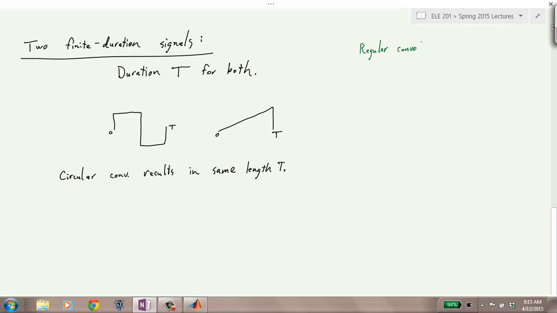Now, for regular convolution, we have to interpret that these finite duration signals are 0 everywhere else. You have to have signals defined for all infinity to do convolution. By the way, if you define two vectors in MATLAB, those are finite length signals, and if you use the convolution function, it's going to assume that it's 0 everywhere else. It's just an implicit assumption.